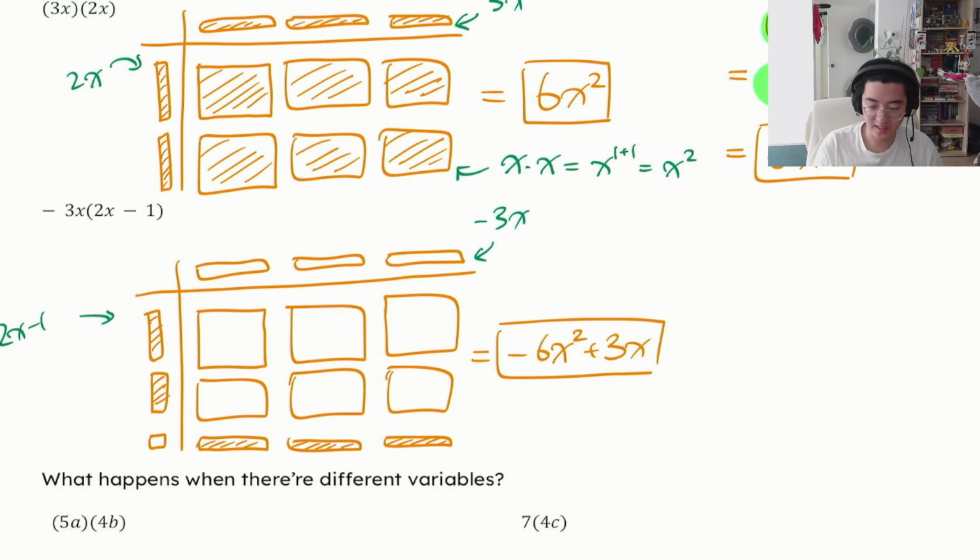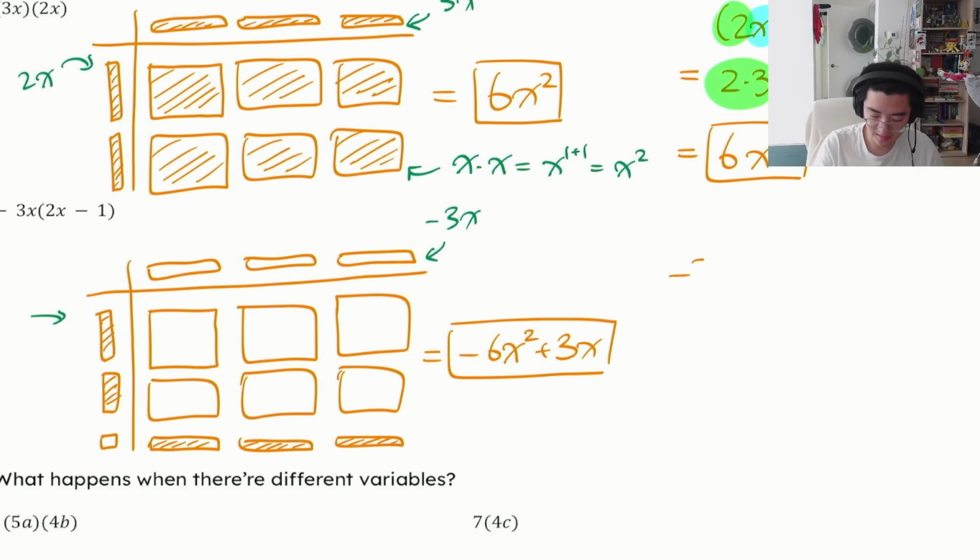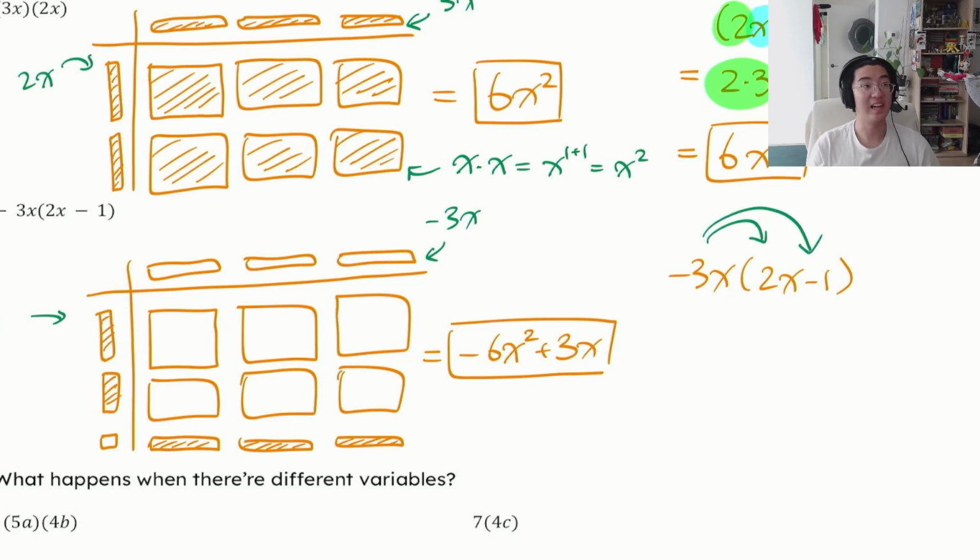Algebraically, all we did was multiply whatever's outside the bracket by everything inside the bracket. So this 2x here gets multiplied by negative 3x.